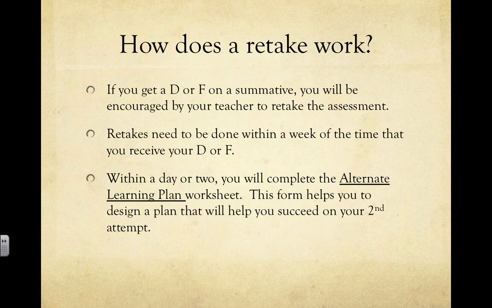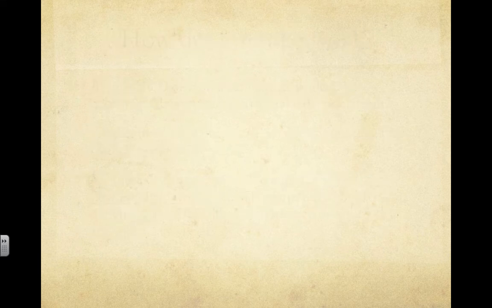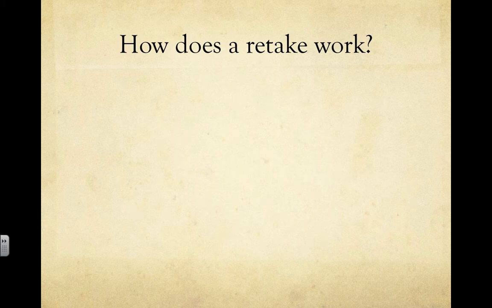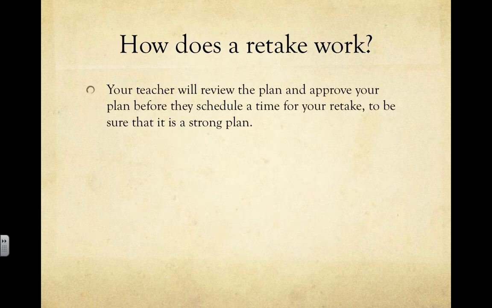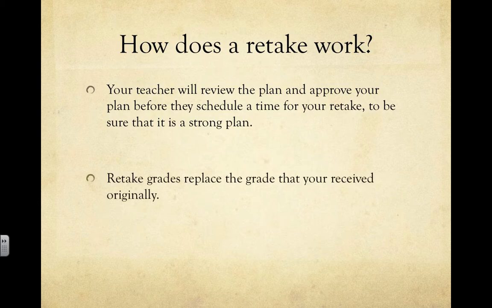This is a worksheet, or a form, that helps you to design a plan that will help you to succeed on your second attempt. After you've completed your alternate learning plan, your teacher will review the plan with you and approve your plan, scheduling a time for your retake, making sure that you have a strong and effective plan. It's important to understand that the retake grade will replace the first grade that you received on your assessment.